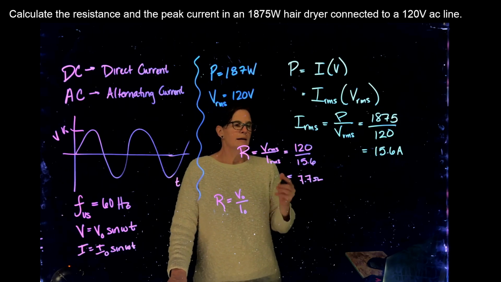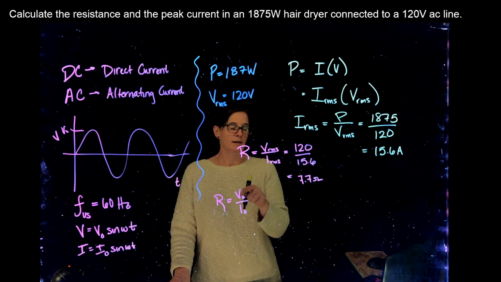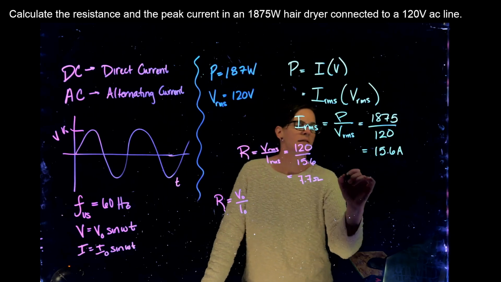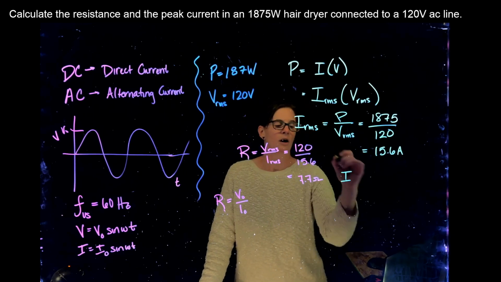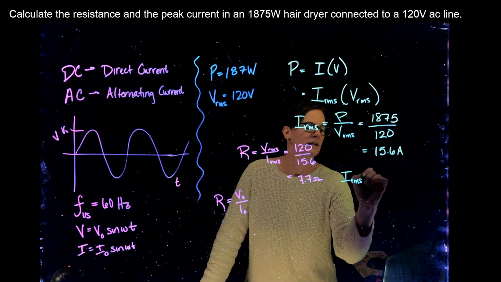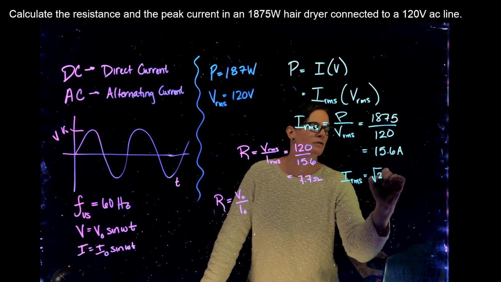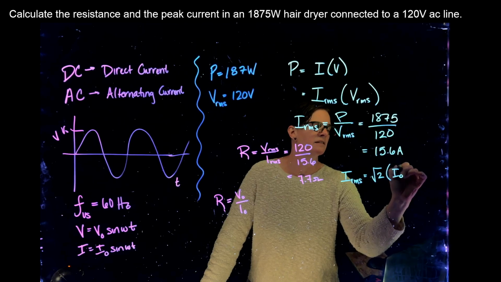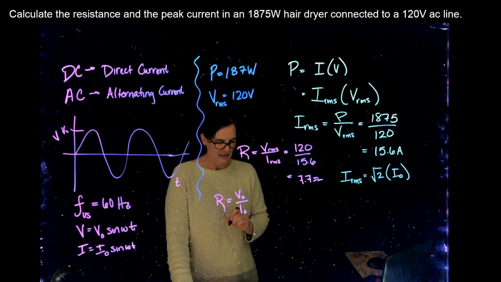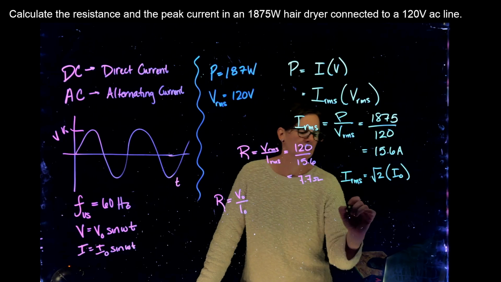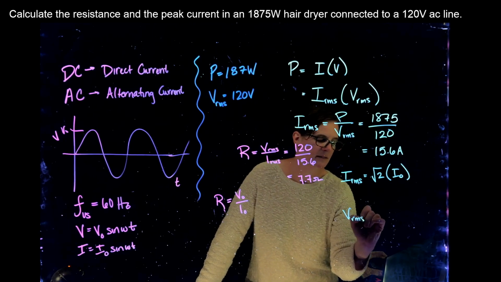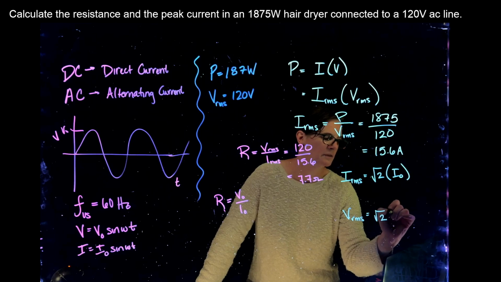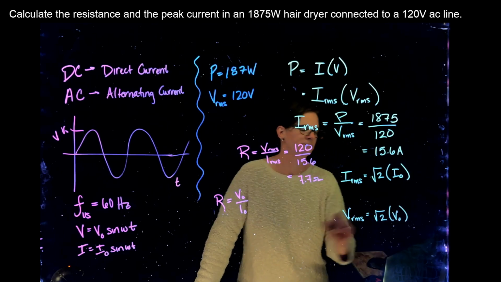So we need V naught and I naught. Well, I RMS is equal to the square root of 2 times I naught, and V RMS is equal to the square root of 2 times V naught.